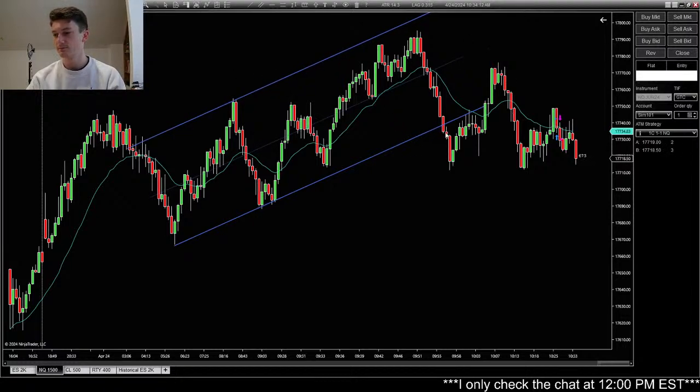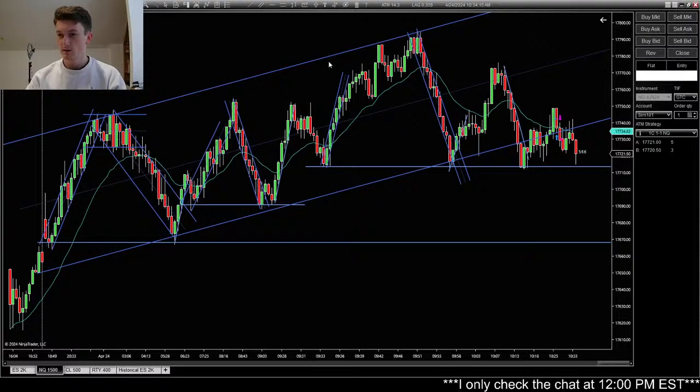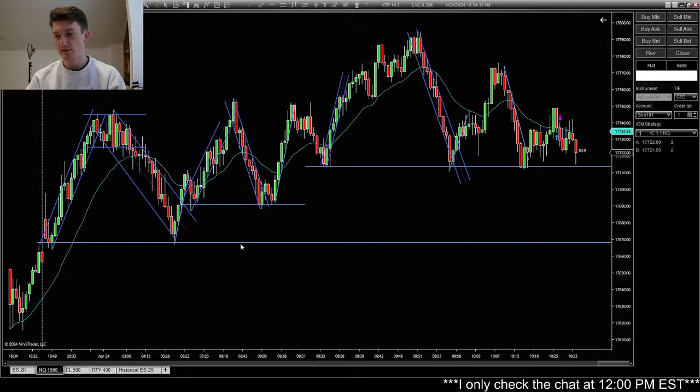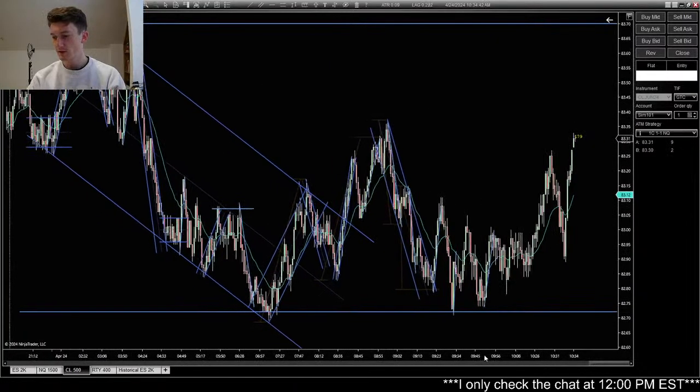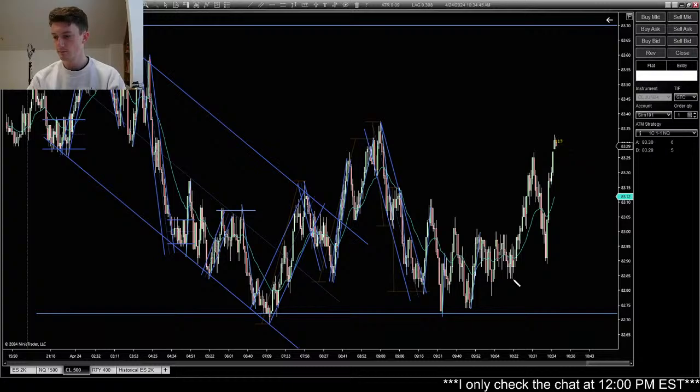It's just that. I mean, it feels better than having that kind of oddball trend. The midline fits pretty well throughout here. CL is really picking up. Quite the uptrend there. RTY is breaking down.